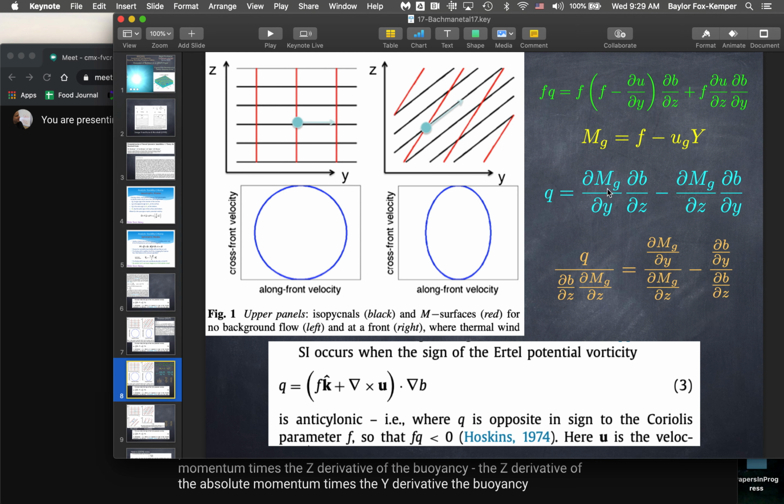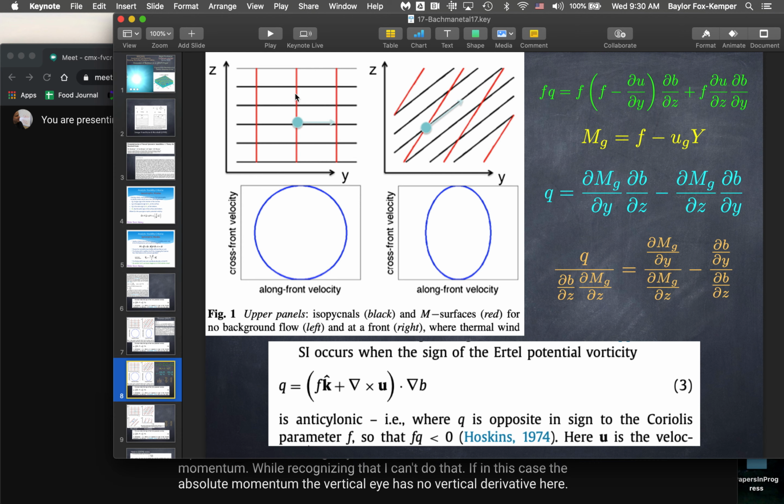That's interesting. Look, it's like the Jacobian of the absolute momentum and the buoyancy, ddy ddz minus ddz ddy. Or put it another way, if I divide through by bdz, so N squared, and I divide through by the vertical derivative of the absolute momentum, while recognizing that I can't do that if the absolute momentum has no vertical derivative here.